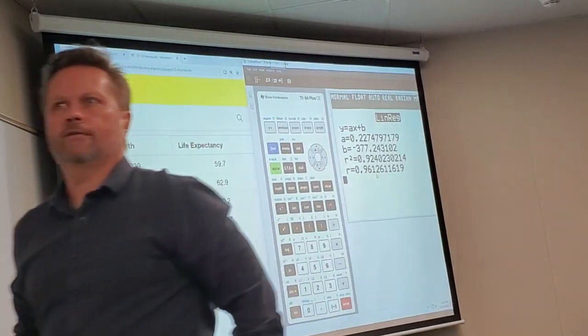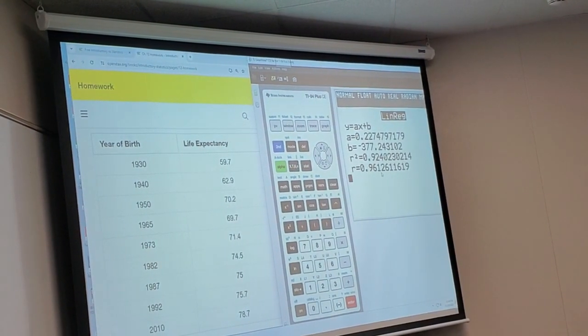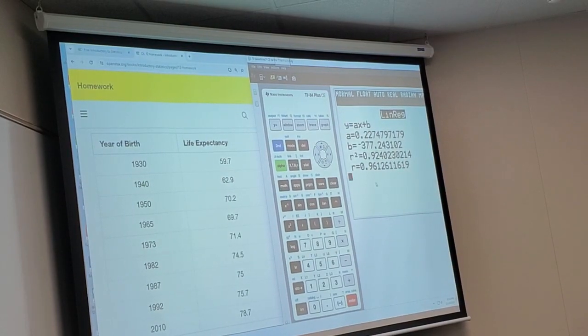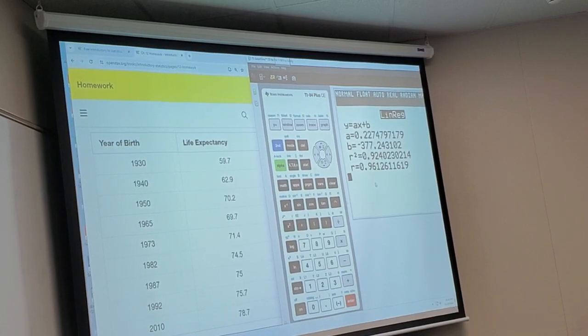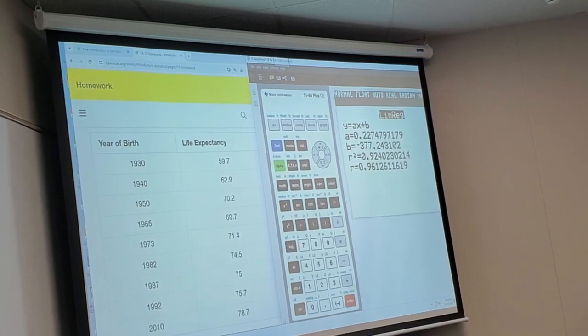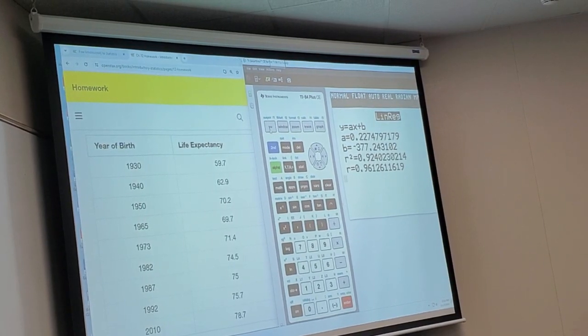And what's the line of best fit? What is it, guys? Can somebody write it down?